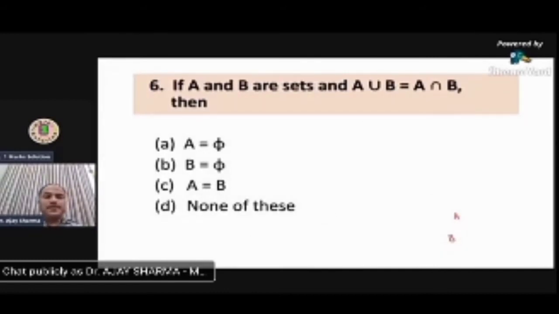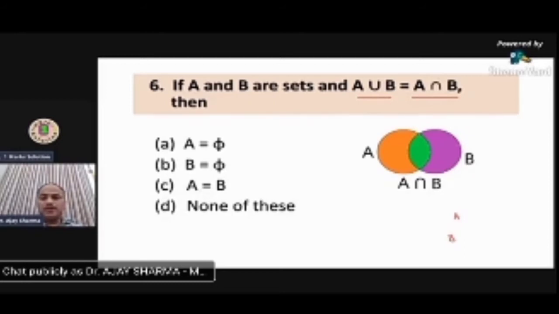Next we have sets A and B. We were given that A union B and A intersection B are equal. Now what does it mean when the union and intersection are equal? Try to understand with the help of this figure. This whole colored portion is A union B, and A intersection B is the green portion.